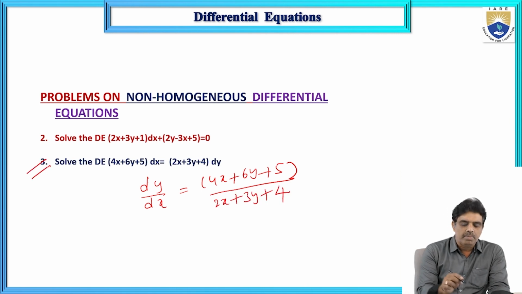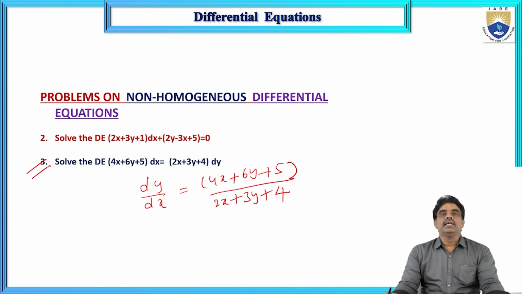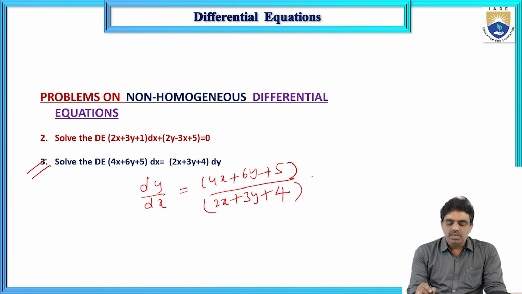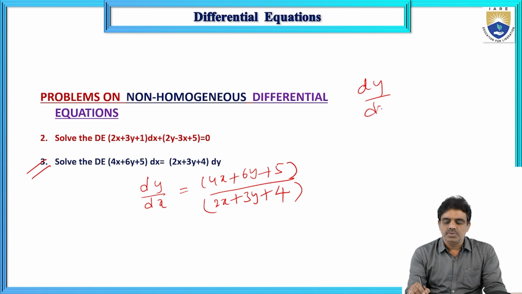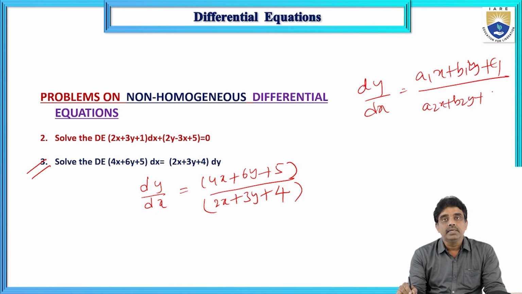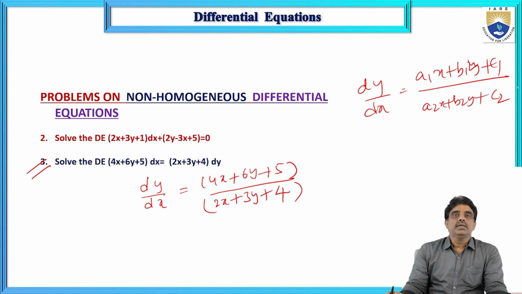I am solving problem number 3, and clearly this is in the form dy by dx is equal to a1x plus b1y plus c1 by a2x plus b2y plus c2. Clearly it is a non-homogeneous differential equation.